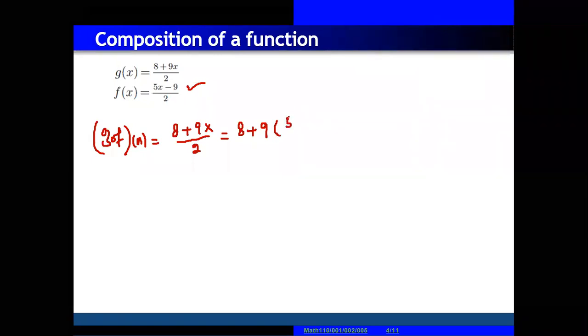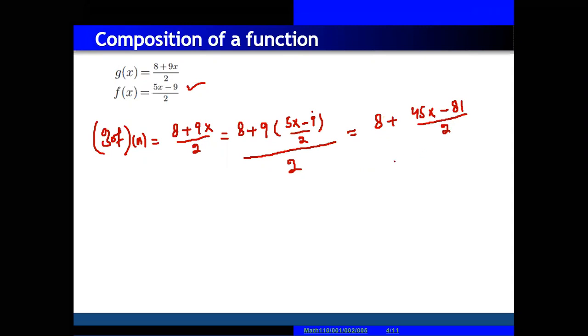We know that the f function is 5x minus 9 divided by 2, whole divided by 2. Now 8 plus 9 multiplied by 5: 9 multiplied by 5 equals 45, minus 9 multiplied by 9 equals 81, and divided by 2, and this is whole divided by 2.